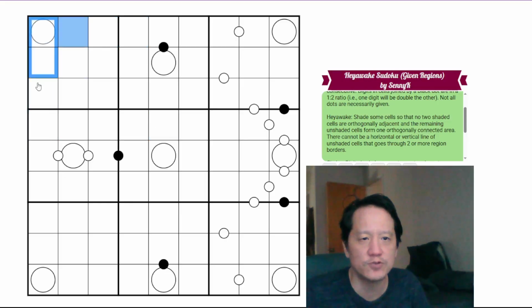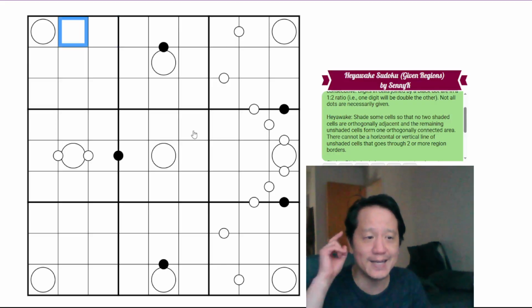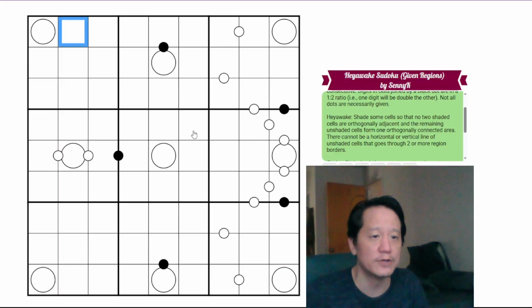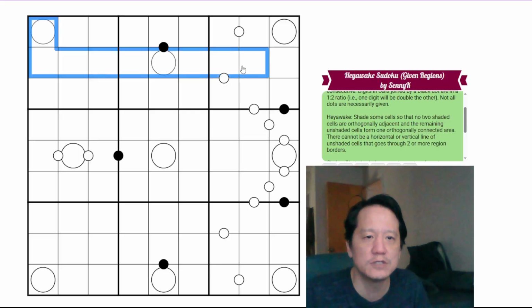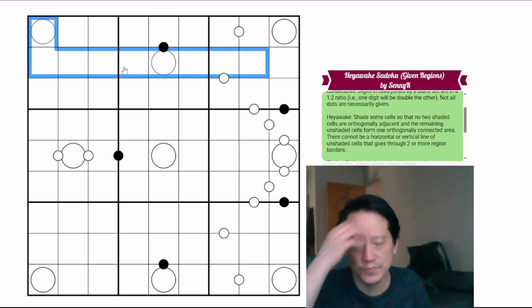And what does it mean to be orthogonally connected? You can go from any unshaded cell to any other unshaded cell just by going through edges, all while staying within the unshaded region.